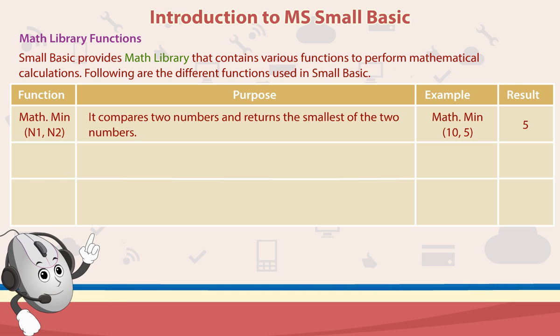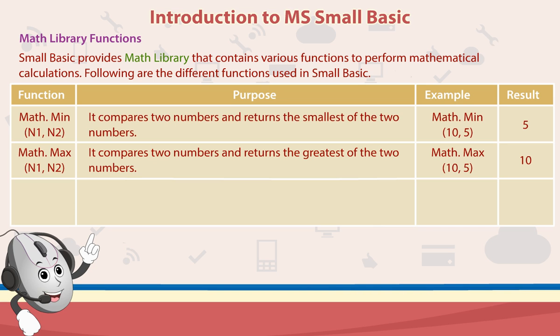Math.Min(n1, n2): it compares two numbers and returns the smallest of the two numbers. Math.Min(10, 5): 5. Math.Max(n1, n2): it compares two numbers and returns the greatest of the two numbers. Math.Max(10, 5): 10.